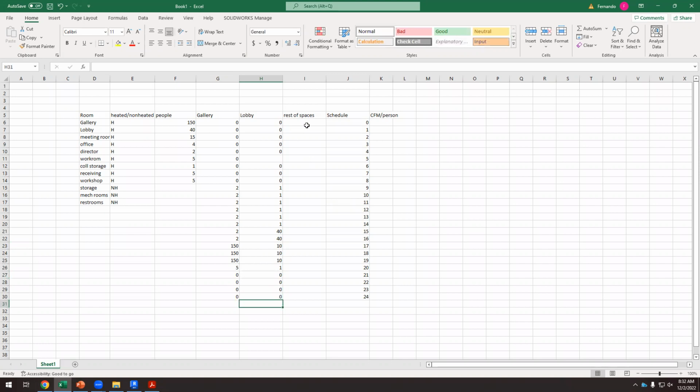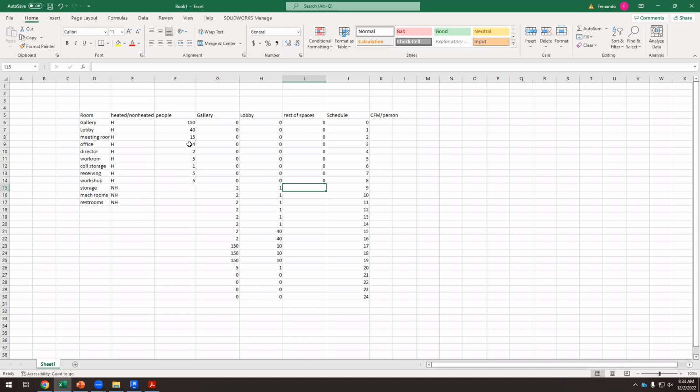Okay. And what about the rest of the spaces? No occupancy until 9 a.m. Then I don't know what we have here. We have the office, the director, the work group.